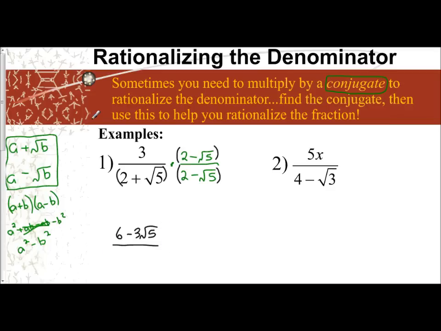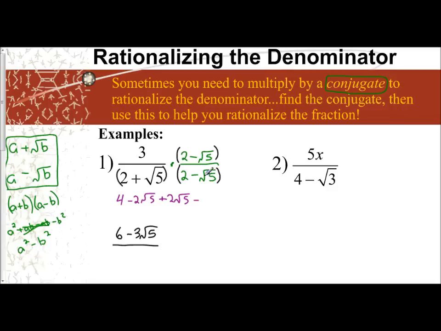And the pattern comes from this whole idea of the product of sum and difference of binomials, making a simple binomial expression. So I would do 2 times 2 as 4. 2 times negative radical 5 is negative 2 radical 5. 2 times positive radical 5 is positive 2 radical 5. Now radical 5 times negative radical 5 is negative.